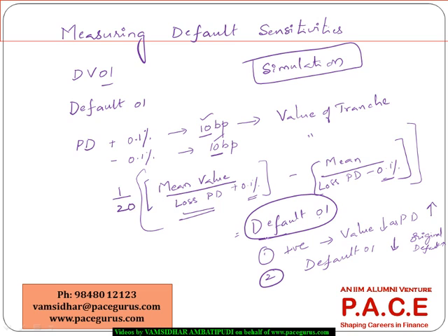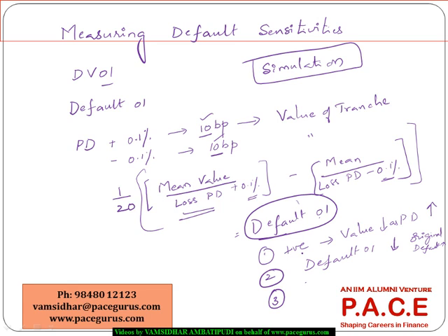And the volatility on this default 01 is going to be much higher, especially just like the concept of gamma, which is much higher for an at-the-money option, or the convexity, which is much higher when the interest rates are very close to the coupon rate. So that is a similar kind of mechanism we are talking of.